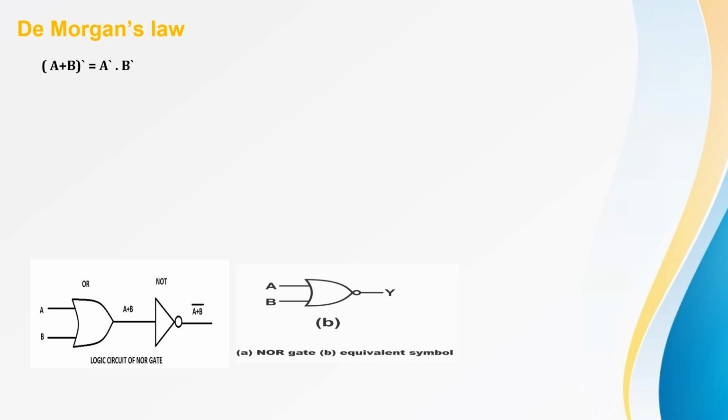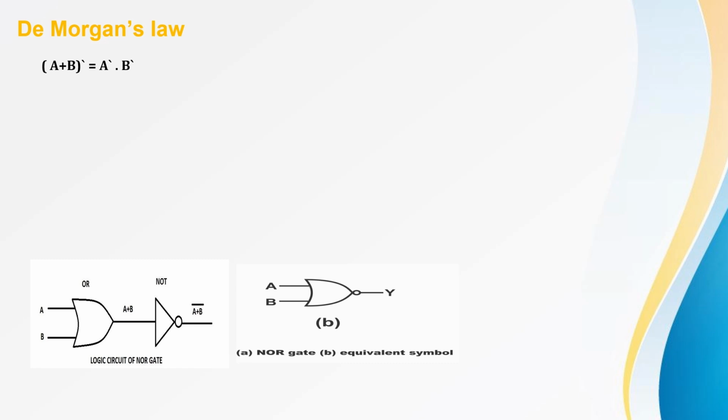And that OR gate is followed by a NOT gate. Then it is passed through the NOT gate, and the output is equal to (A plus B) whole bar. From here we can see the logic circuit, a combination of OR and NOT gate.